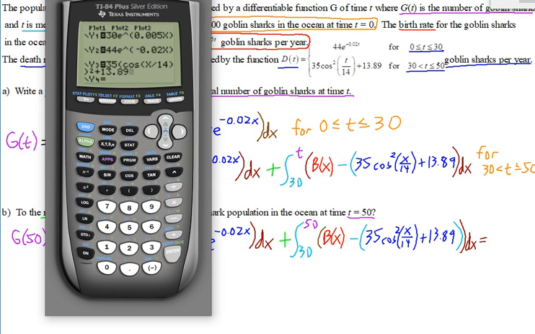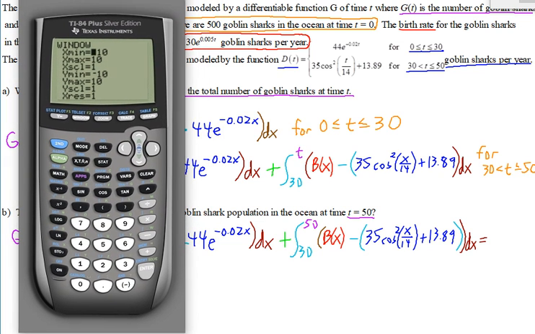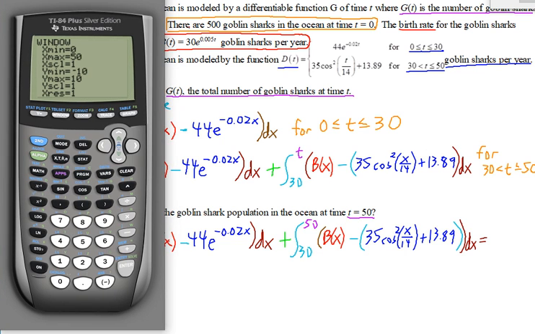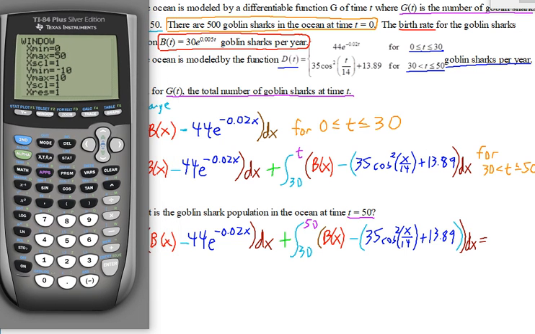But before we graph it, let's change our window size. So the x minimum and x maximum, they usually tell you in the problem. In this case, they tell you the x minimum, it starts at time 0. And the upper limit of our death rate function is 50, so we just know what's happening from 0 to 50 years. The y min and max, though, they usually do not tell you what to put in your calculator. So you just have to look at the numbers in the functions and make an educated guess here.